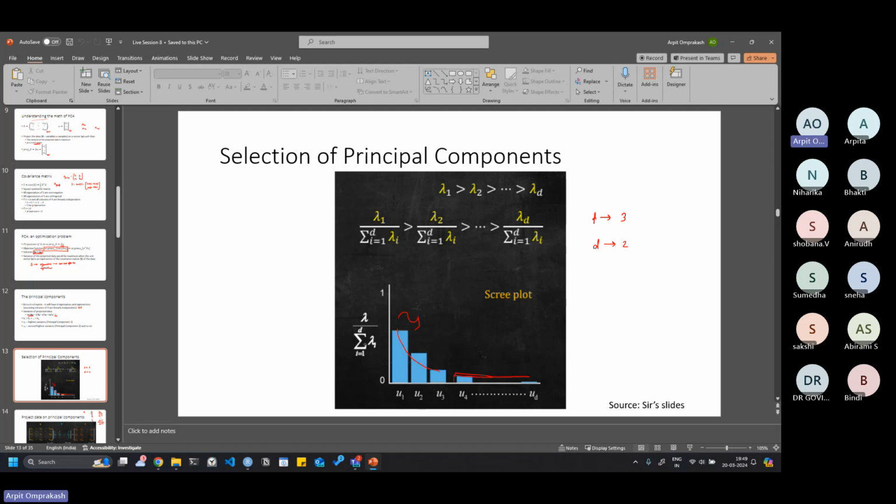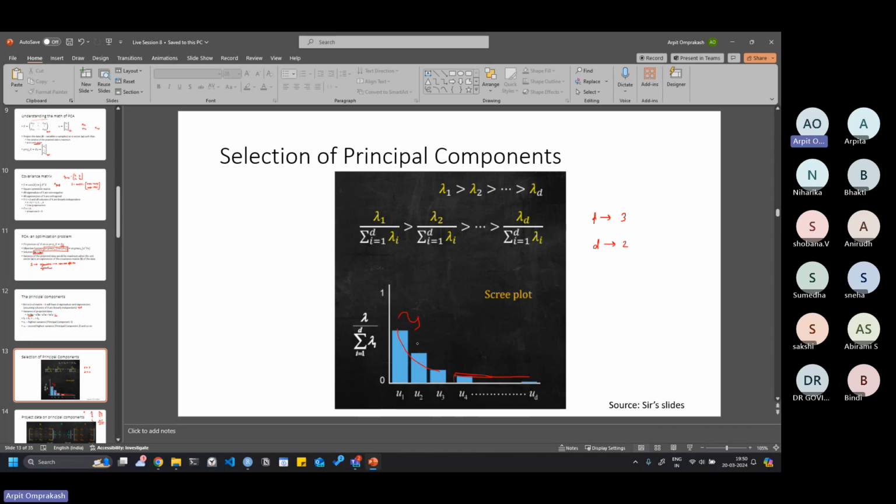Here we have the proportion of variance explained on the y-axis and the principal components on the x-axis. As we go further, the proportion of variance explained decreases, and after a point it starts plateauing, where you should stop taking any more components. Based on this scree plot, you can decide how many variables you want.